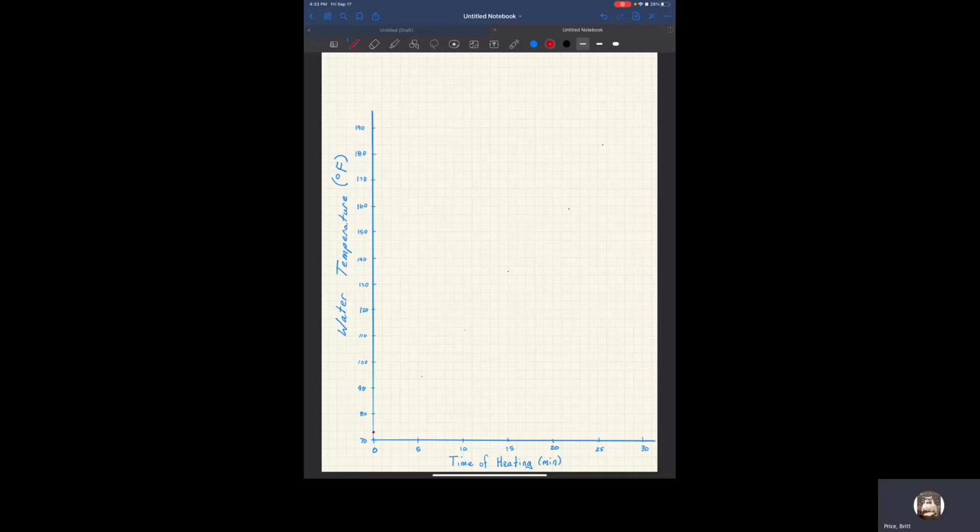And if I count my graduations, 5, 6, 7, 8, 9, 10, I know that I'm going to be putting my mark someplace between 5 and 6, a little bit less than halfway. And on the y-axis, I'm looking at 94.2, so something above that first mark, which would be the 93.3.